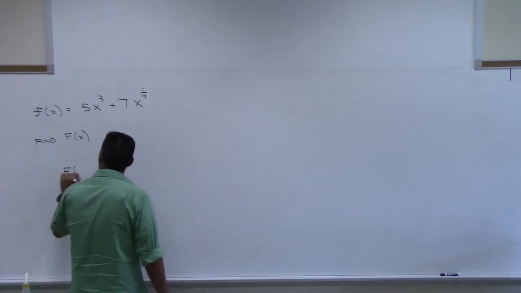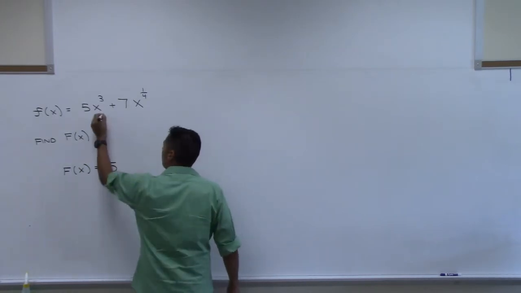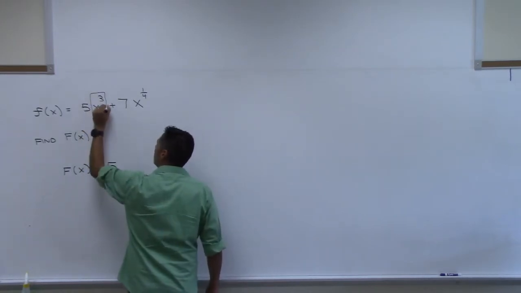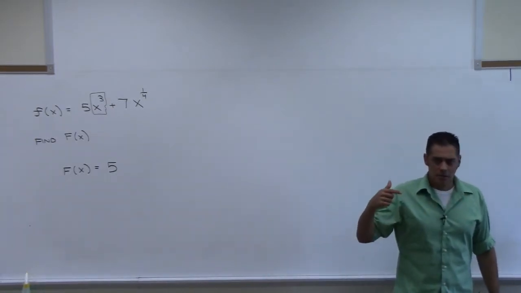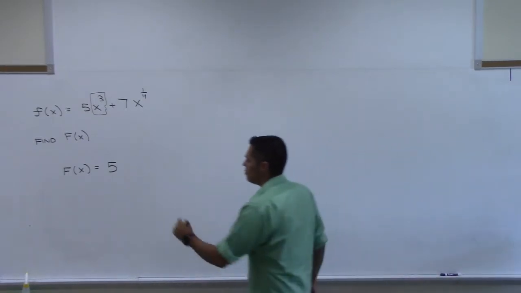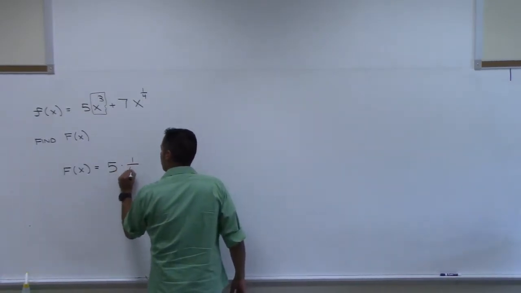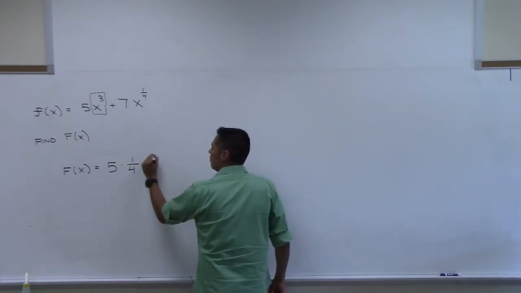So I'm going to start by doing 5, and then how do I get the antiderivative of this? So I go 1 over whatever the power is plus 1, right? So 1 over 4, and this will be multiplication. 1 over 4 x to the 4th power.